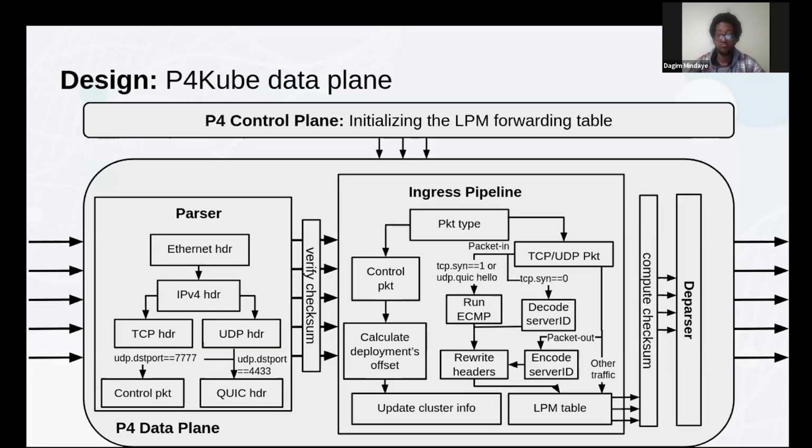And then if the SYN is 0, then it just decodes the server ID and then rewrites the header, and then it goes to the LPM table, computes checksum, and the parser just reassembles our packet and then sends it to the correct node. So let's look at how we treat TCP and QUIC differently in our project.